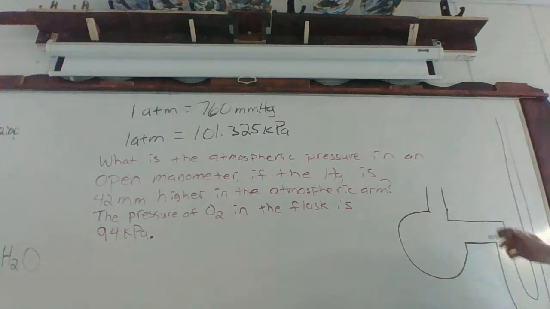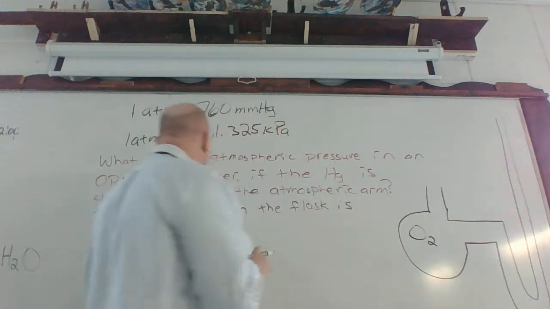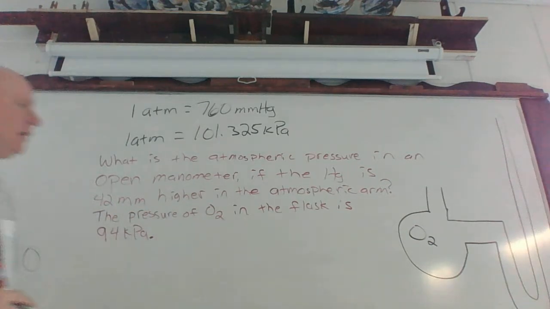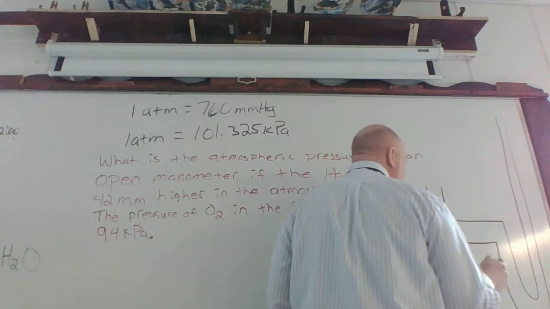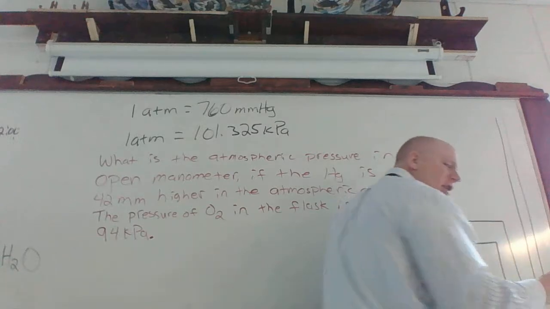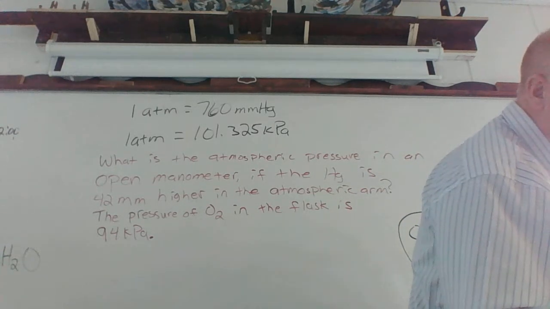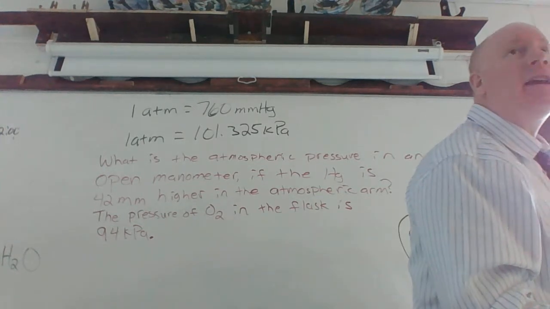Okay. So here we have this oxygen gas that we're referring to in this question. It says the pressure of O2 in the flask is 94 kilopascals. So what we see happening is we have this fluid in here, because as you're looking at this J tube, that gray solution in there is mercury inside that column.